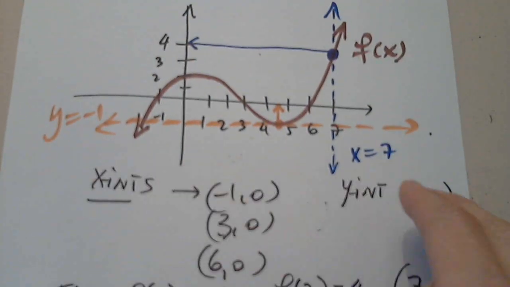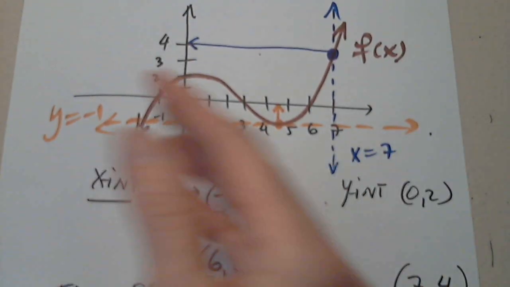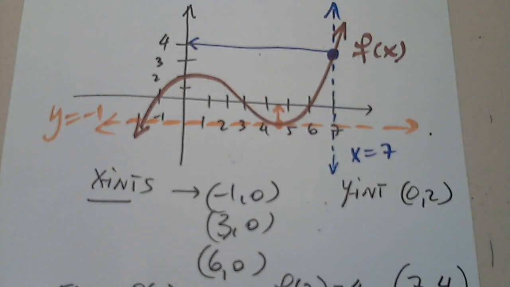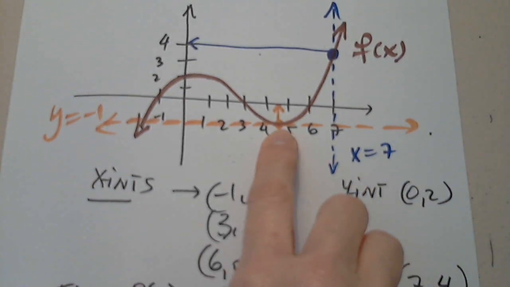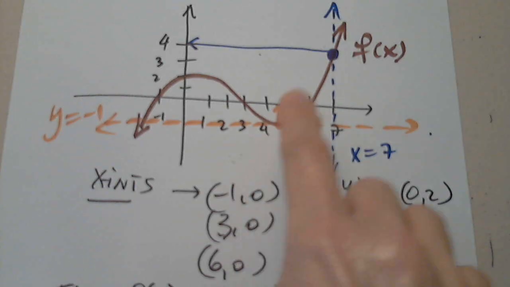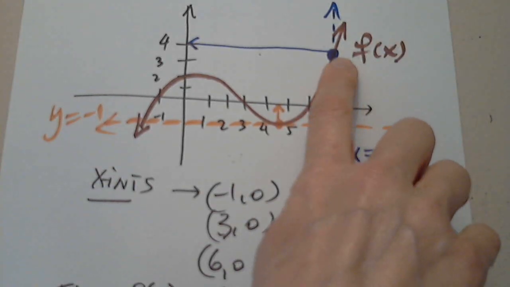Therefore, I graph them, or just imagine that I graph them, and I answer the question. So here, this point is 4.5, -1. This point is 7, 4.